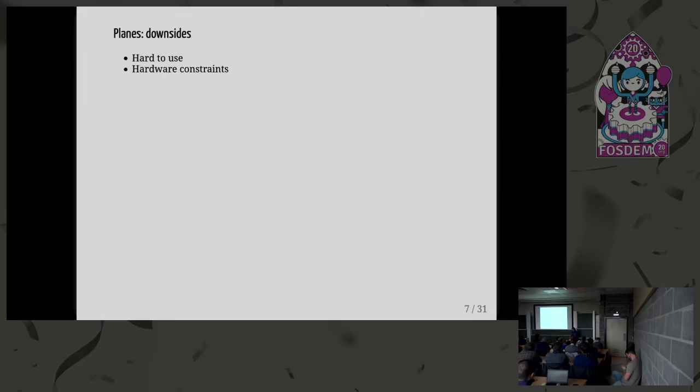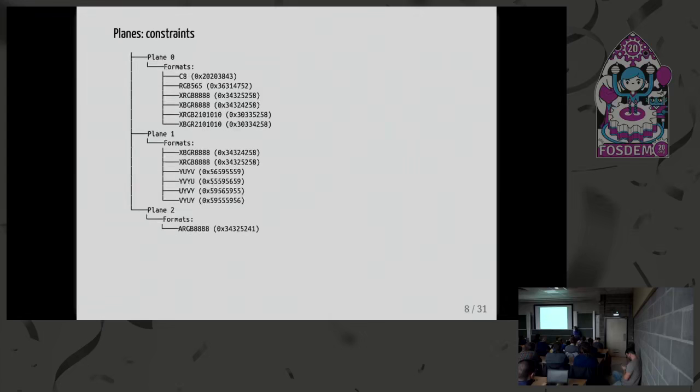One other issue with planes is that, as I said, planes are hard to use, and that's because they come with some constraints. For instance, here are the planes I have on my Intel machine. I have 3 planes. The first plane is able to display buffers with only a few formats.